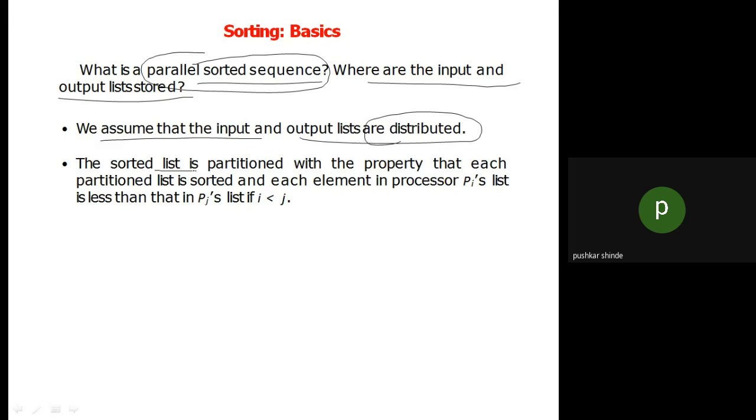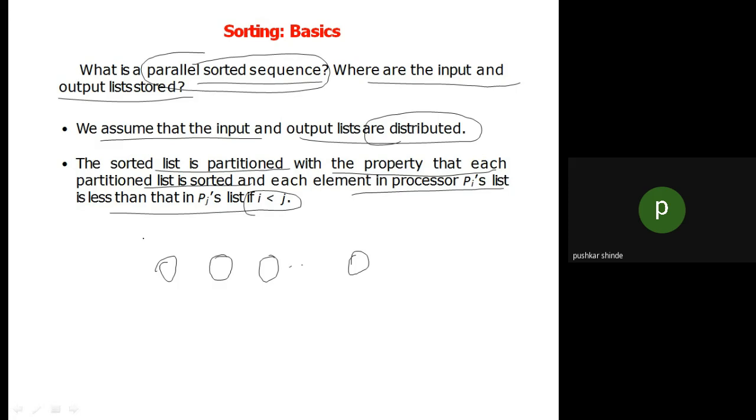The sorted list is partitioned with the property that each partitioned list is sorted and each element in processor Pi's list is less than those in Pj's list if i is less than j. That means there are lists with every processor: the first processor, second processor, third processor, fourth processor, and so on.